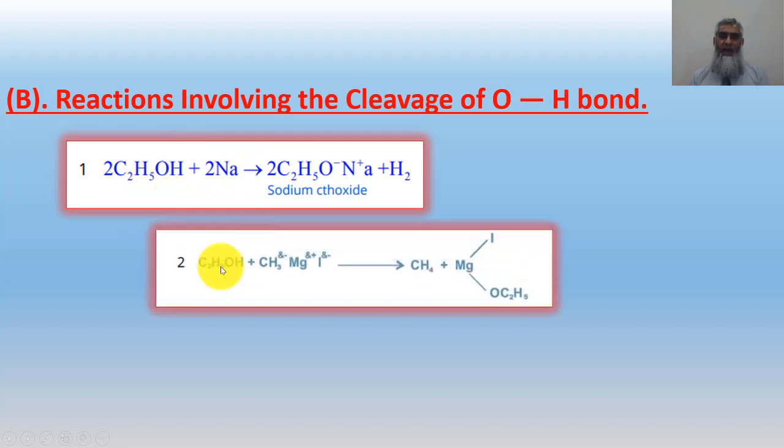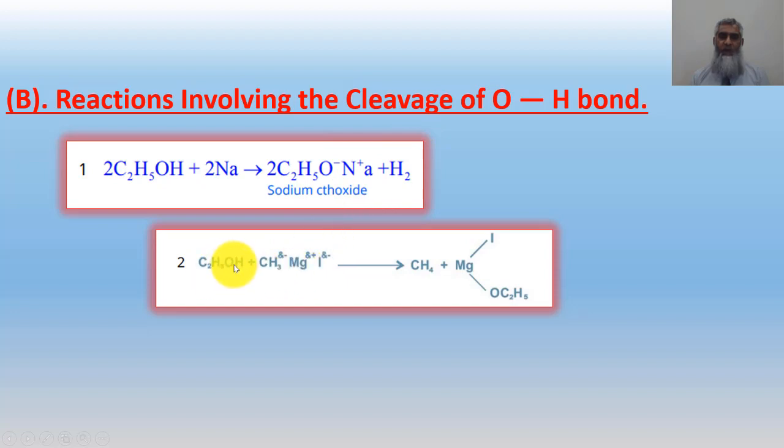Number 2, ethyl alcohol on reaction with Grignard reagent, methyl magnesium iodide. It is a well-known Grignard reagent. You are very familiar with the reactions of Grignard reagent in chapter number 10. This is the same example that Grignard reagent will react with alcohol producing alkane.